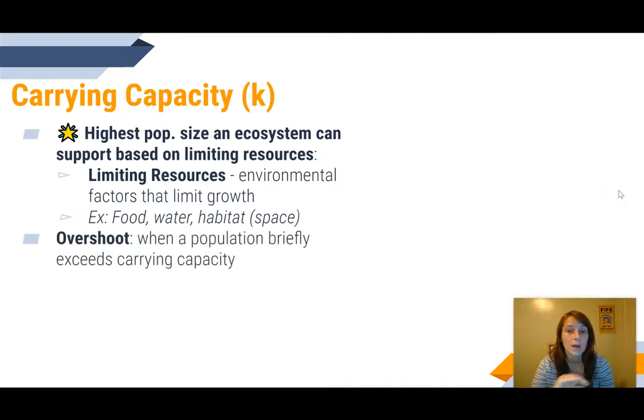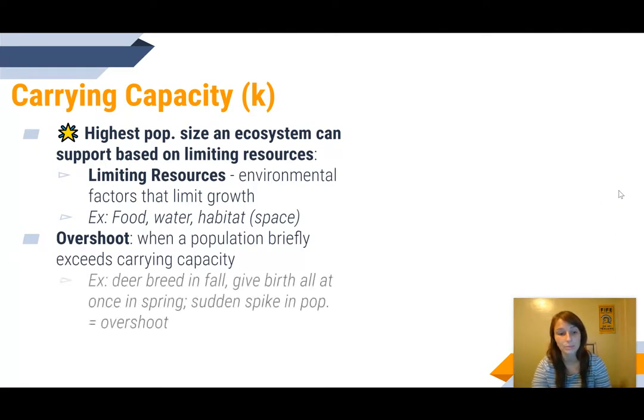Now, when we are talking about the fluctuation of those populations, the overshoot is going to be when a population briefly exceeds its carrying capacity. So an example of this might be deer breed in the fall, and then they give birth all at once in the spring. So you're going to see a sudden spike in population that maybe the ecosystem isn't actually able to handle, but because they were all born at once, we're seeing that instant population growth there.